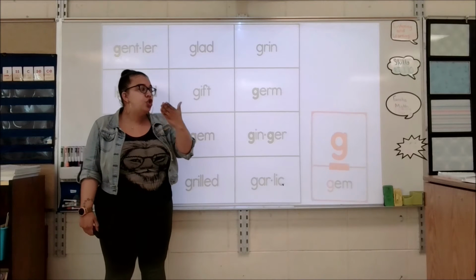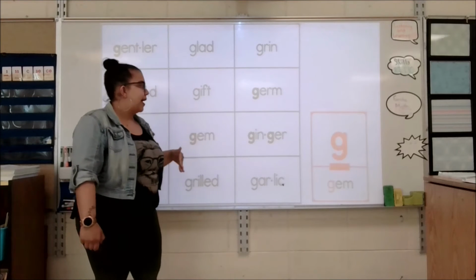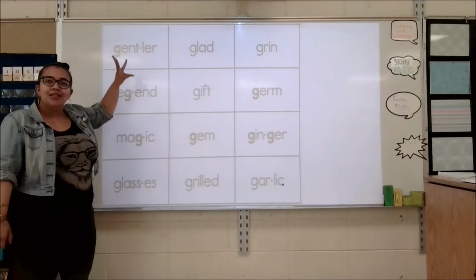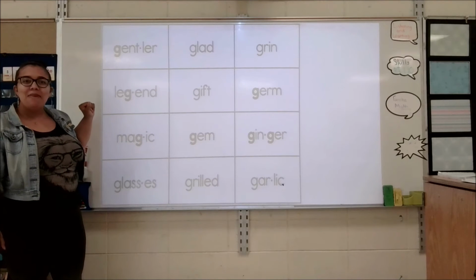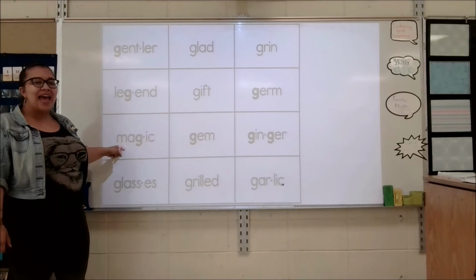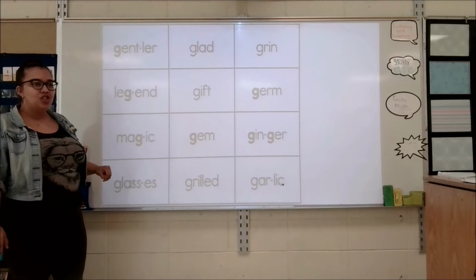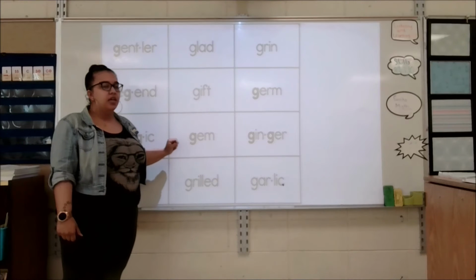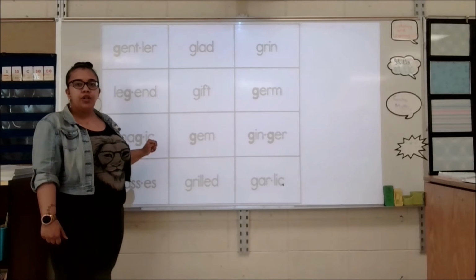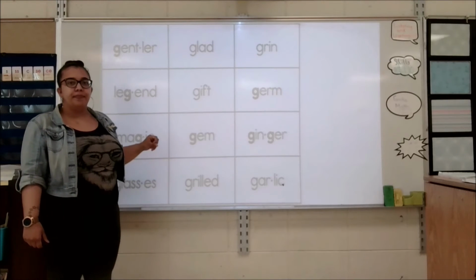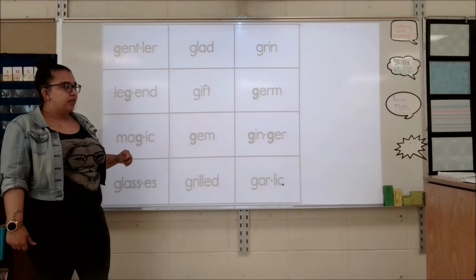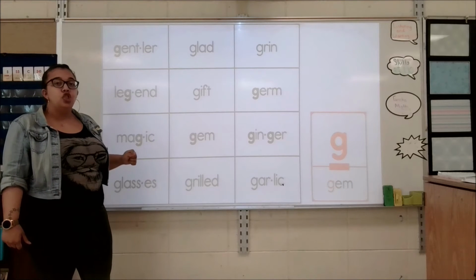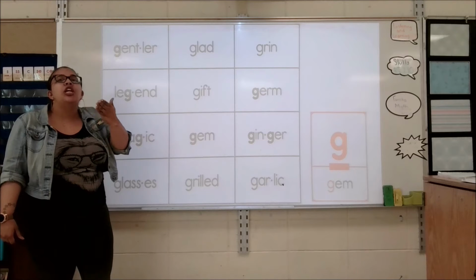We hear J. Excellent. How about magic? What do you hear? Excellent. And the next one, gym. What do you hear in the word gym? You hear the J in the word gym. Say gym.